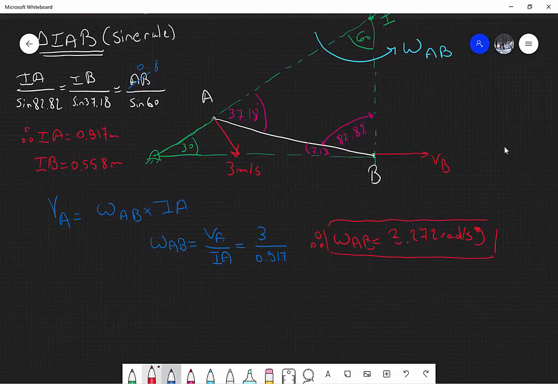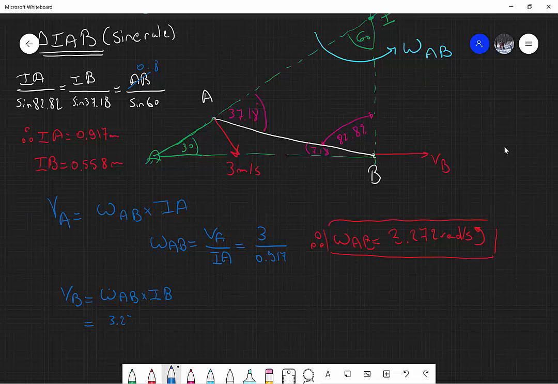The VB is equal to omega AB times IB. We know already that omega AB equals 3.272 and IB equals 0.558.